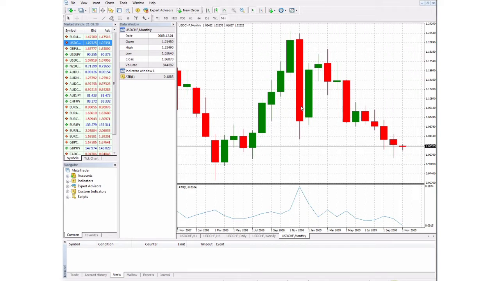See, for instance, this month right here, well, that's almost 2,000 pips. Big move. So you may not want to trade that particular inside bar. You may look for something smaller, something along these lines. That's still big.